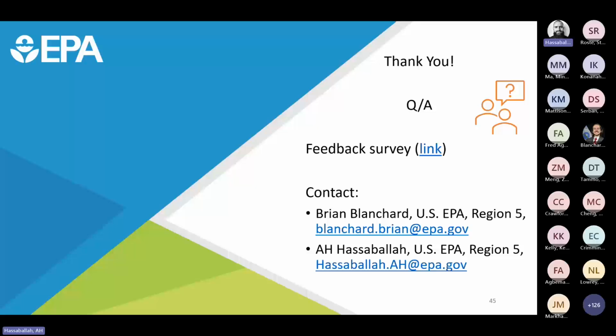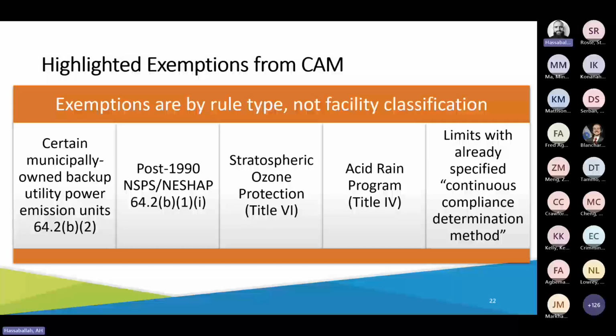It doesn't matter. If the limits do have continuous compliance determination methods, they are exempt, regardless of and independent of SEMS.